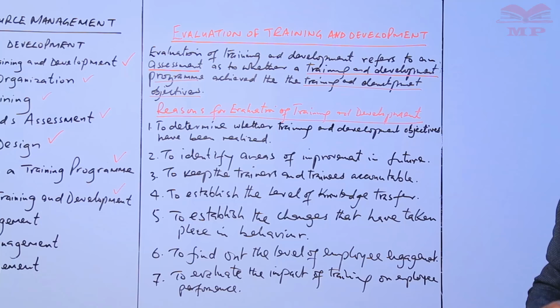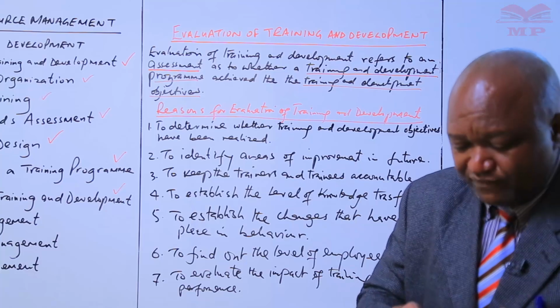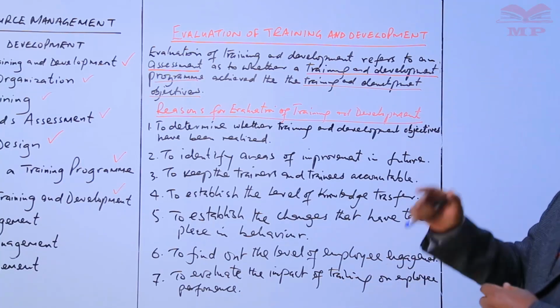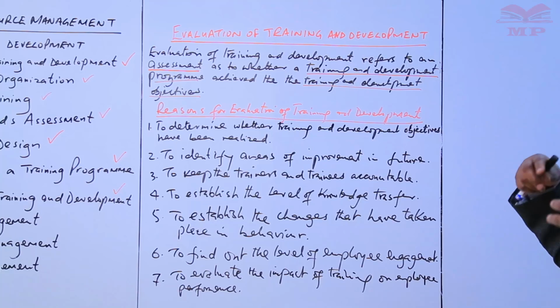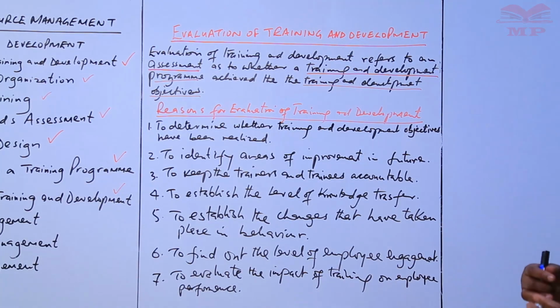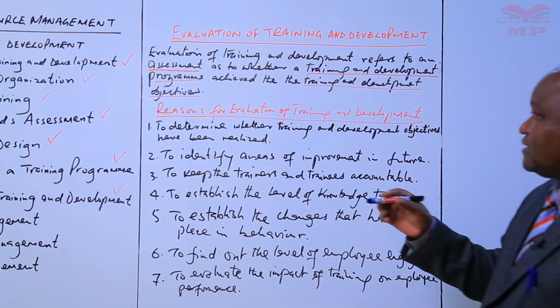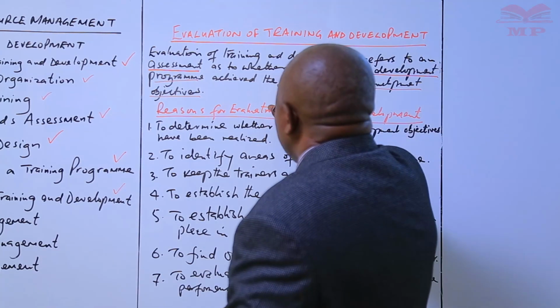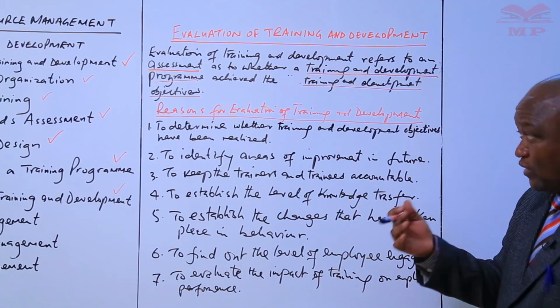As we have discussed previously, before any training is conducted, that particular training program should have particular objectives. So evaluation is an assessment as to whether the training has achieved the training and development objectives that were set out.